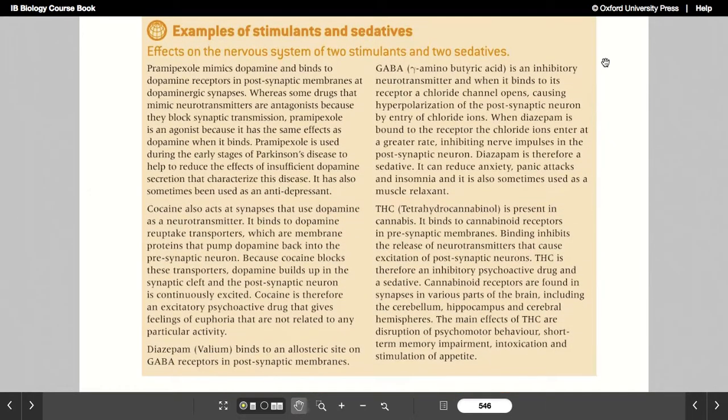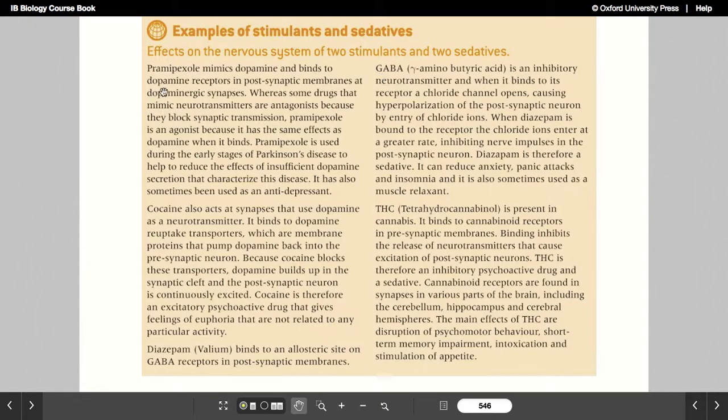And then we have sedatives, which are the opposites of stimulants, which will be inhibitory. Like we said, GABA is an inhibitory neurotransmitter, so it does come up in the book. I don't see glutamine here, which we just talked about, which is an excitatory neurotransmitter.